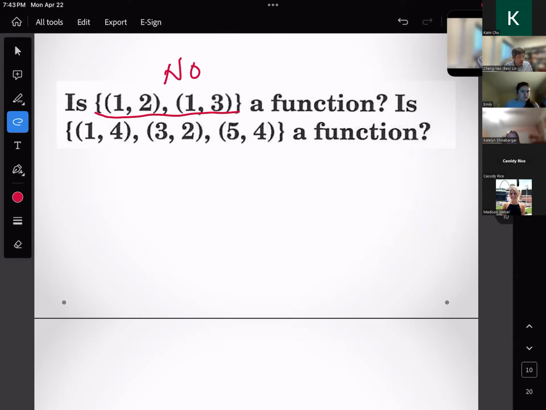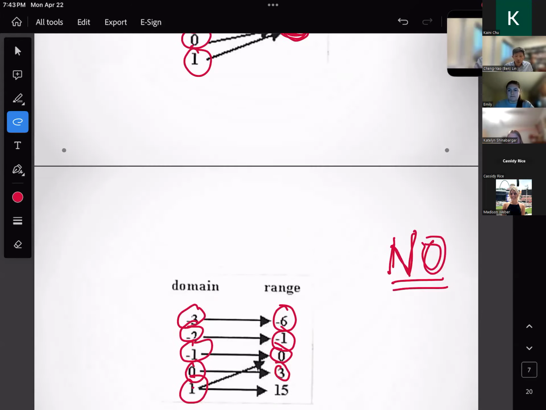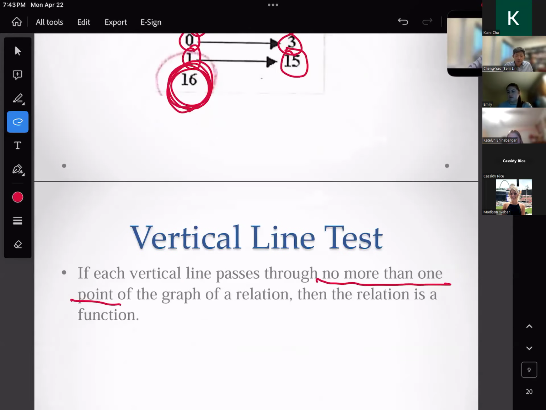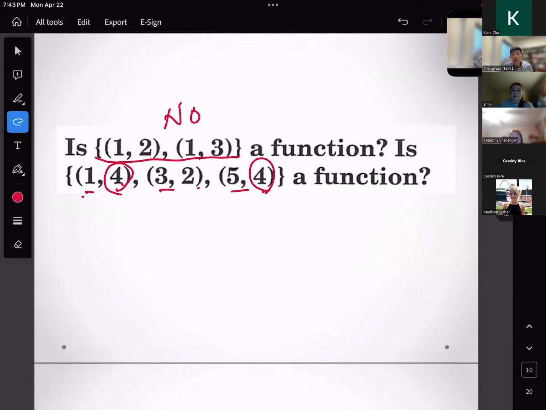The second one, yes or no? Yes, one input and only one output. Even if they have the same answer, you are still okay, right? You have one domain and they have the same answer, still okay. Does that make sense to you to determine function or not function?